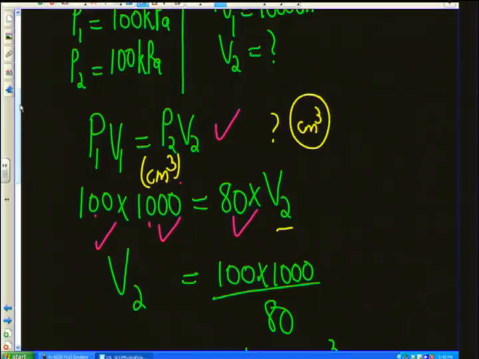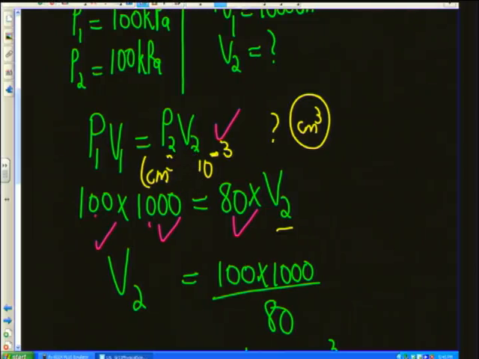Why? Because even if you convert this into dm cubed, you're going to multiply by a factor of 1,000. Let me, for the sake of space, use dividing by 1,000. I made a mistake here, so let me take that out.